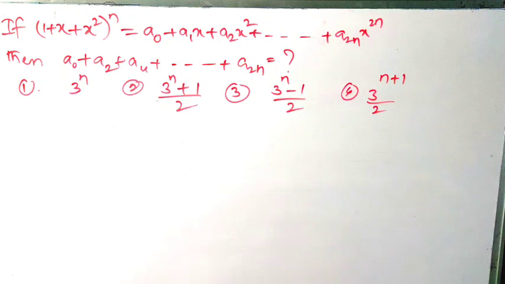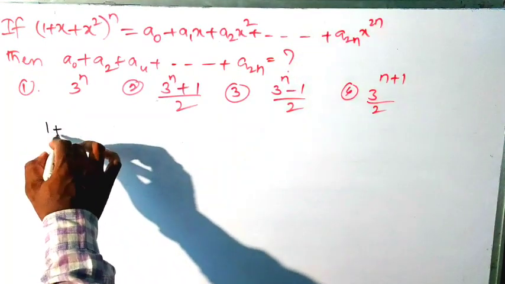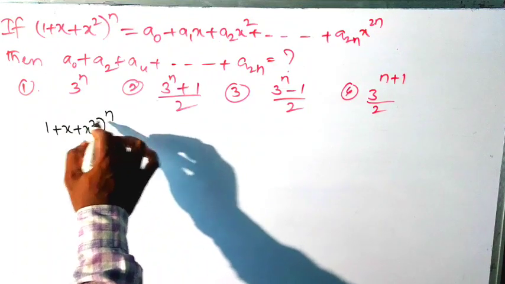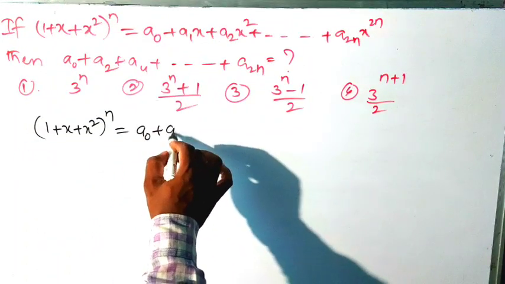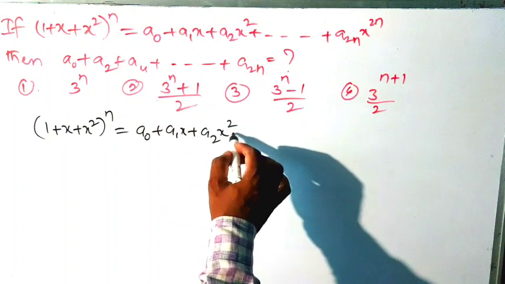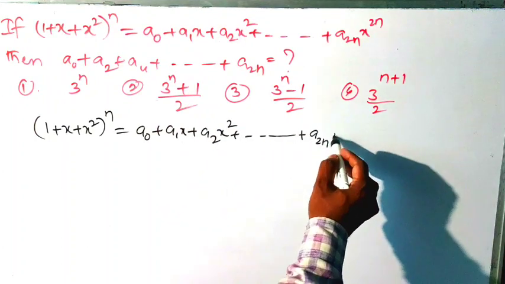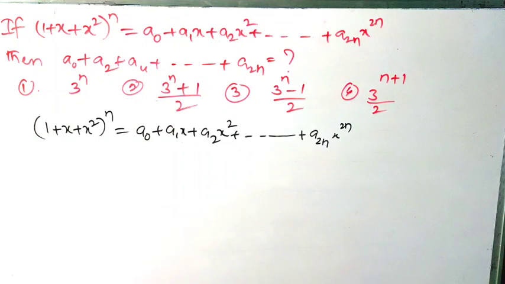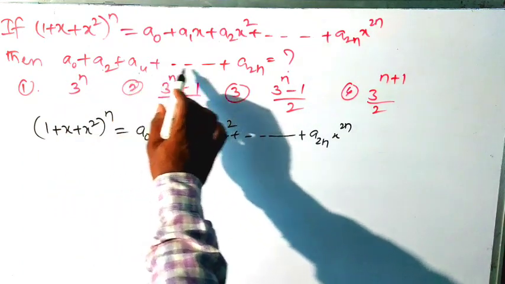First of all, the given expansion is (1 + x²)ⁿ = a0 + a1x + a2x² + ... + a2n x^(2n). So this is the given expansion. Now see here: a0 + a2 + a4 + ... + a2n.